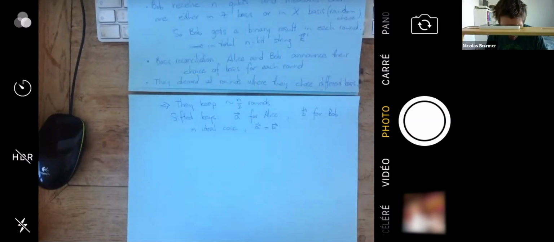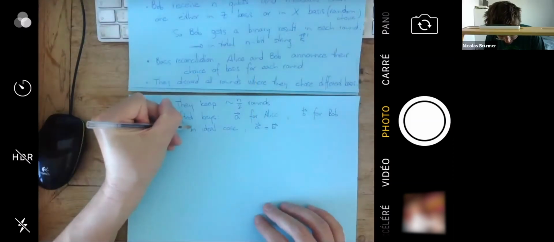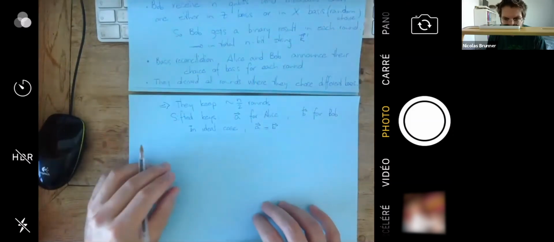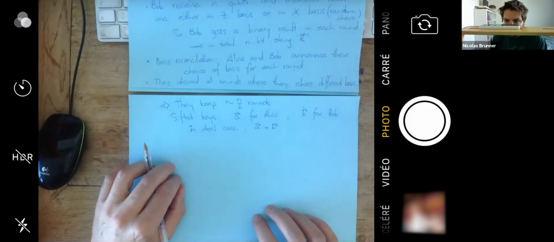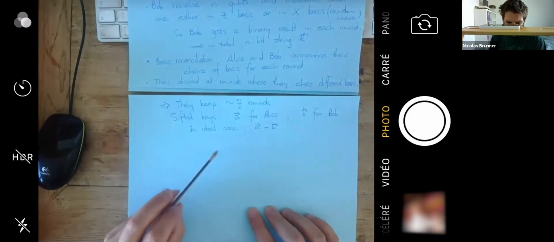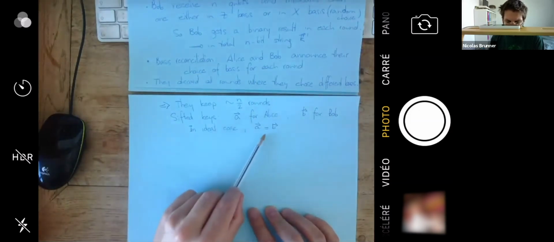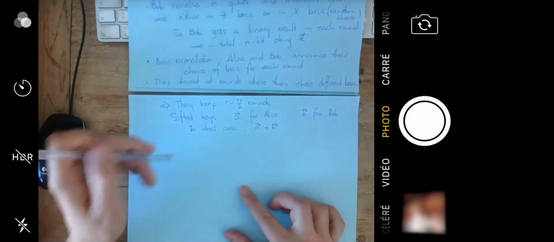But of course, Alice and Bob cannot assume from the beginning that everything is ideal. The ideal case would be that there is no Eve. So the point is we need to check this.